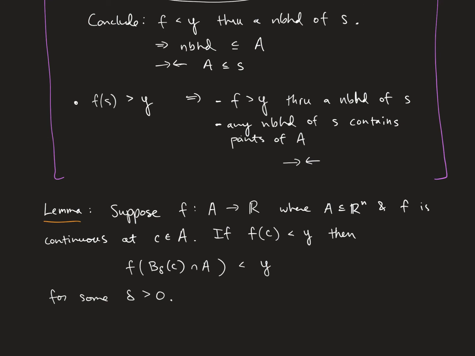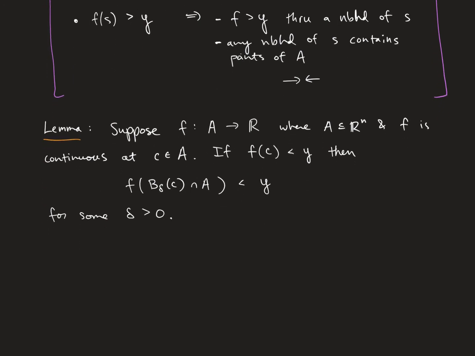In other words, there's some delta such that, looking at all the points in A within distance delta of c, the function value on any one of those points is less than y. So the image of this set is bounded above by y strictly. And the proof of the lemma is straightforward.